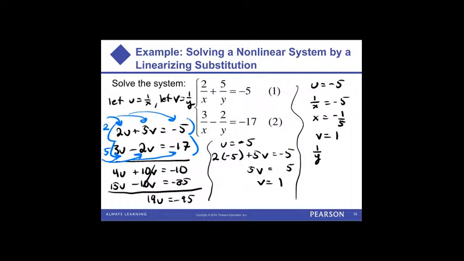So then it sounds like the ordered pair is going to be negative 1 over 5, comma 1. Okay. So then we just want to check this ordered pair in the original. I think I'm going to just use a calculator for that.